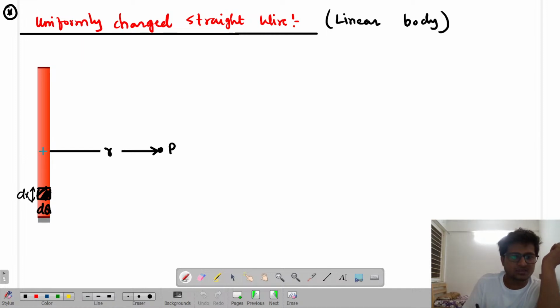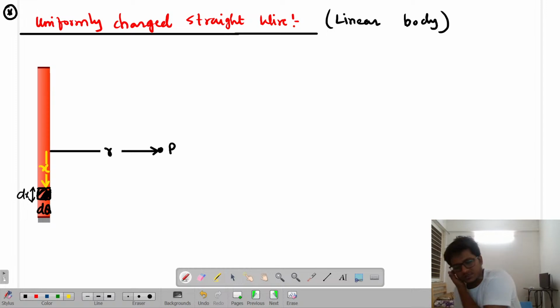This, you know that this is located at some distance x from the center, isn't it? तो मान लेते हैं कि this is located at some distance x. Got it? And then we will proceed with the calculation.